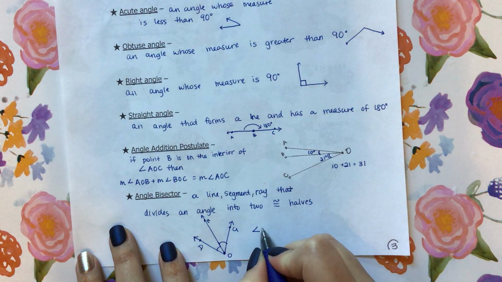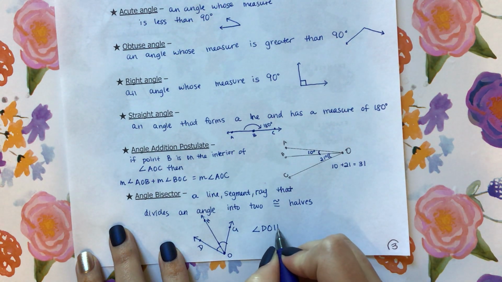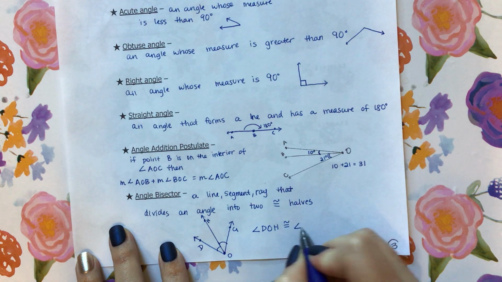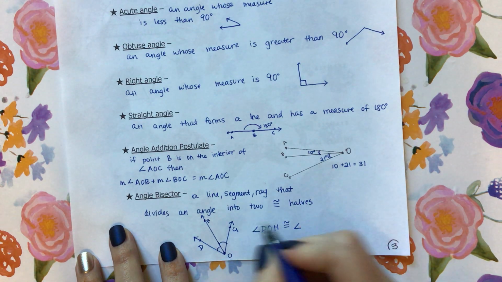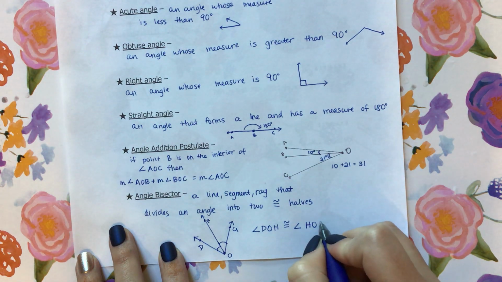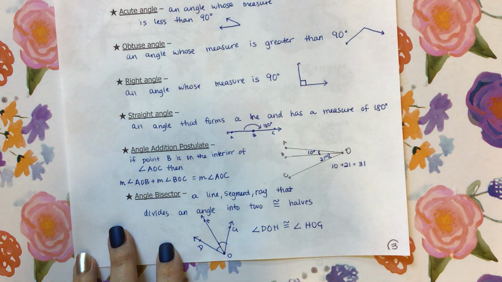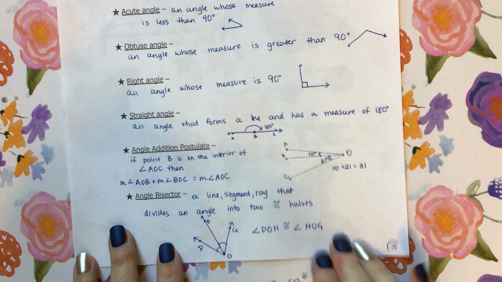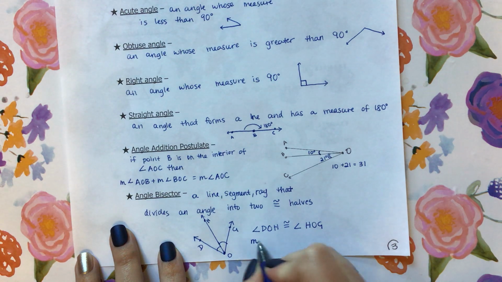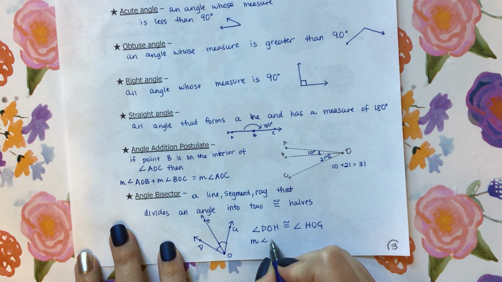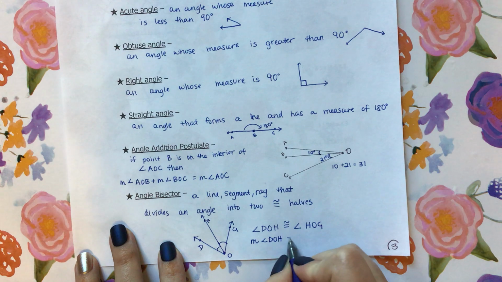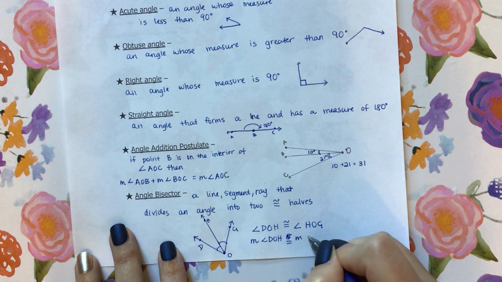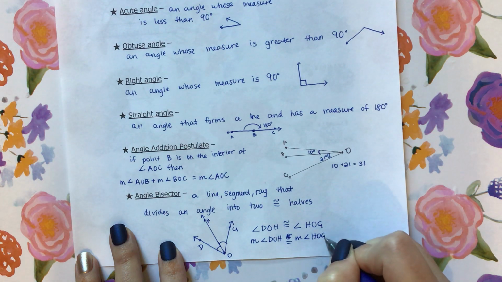To write that out, angle DOH is congruent to angle HOG. This is saying an angle's measure is equal to another angle's measure. If I wanted to write that out with an equal sign, then I would need to say the measure of angle DOH is, I accidentally miswrote that, is equal to the measure of angle HOG. Okay.